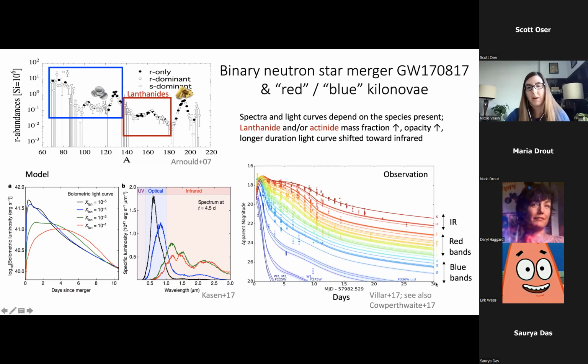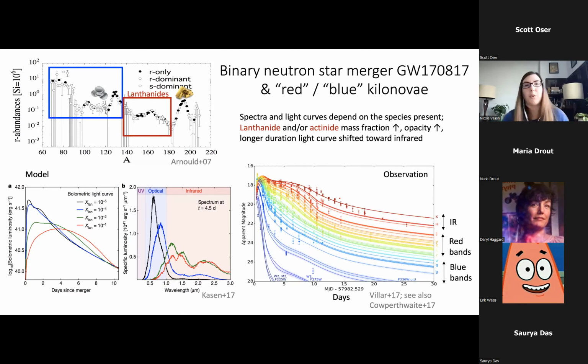So let's compare to what was seen in observation for GW170817, and you can see this explicitly. We have an early blue dominated blue kilonova, and then followed by this later dominance of IR right around these later timescales of days. So here you can explicitly see that at least lanthanides were present in this material.